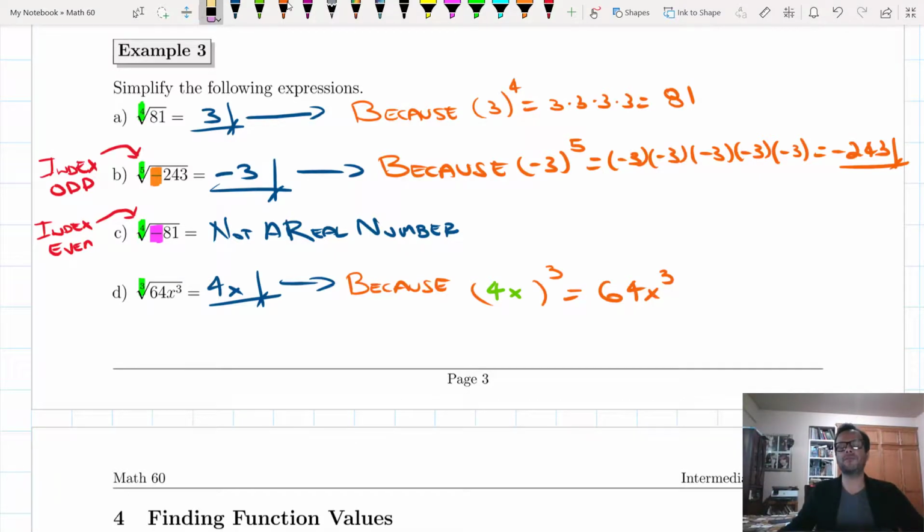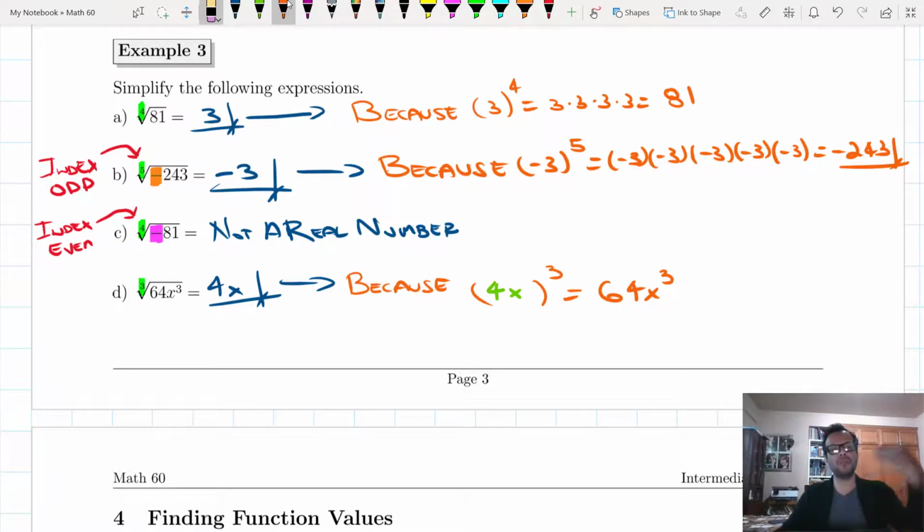So that's just to get a feel of what roots are. Maybe the most common one is the square root, the easy one to memorize, by just keeping in mind what the perfect squares are.